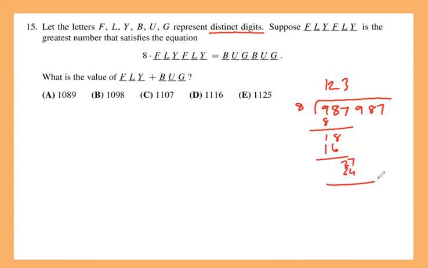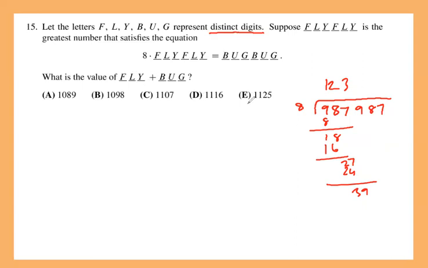If I continue dividing, I get 123, and it will give us another 3, 9. But since we want the first 3 digits to be the same as the last 3, that means we could get at most 123 for the FLY.